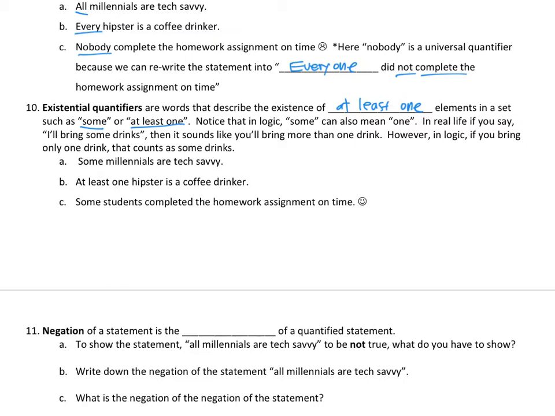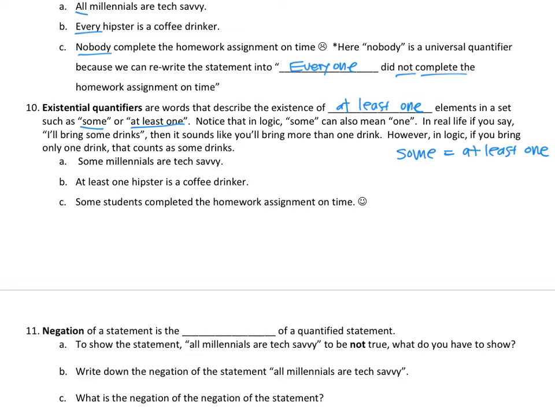But in a logic statement, if you say there are some drinks, it could possibly mean there is one drink. It doesn't mean there's many drinks, just at least one, right? So in logic, kind of weird, but some is equal to at least one or more, right? So one could also count as some, just letting you know. So these are the examples of the existential quantifier.